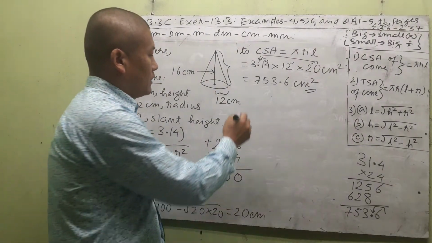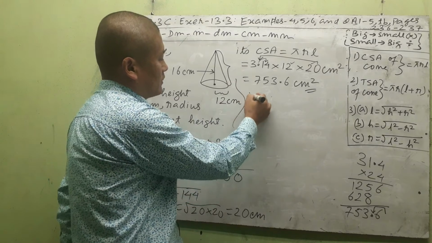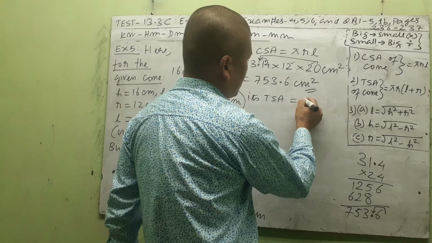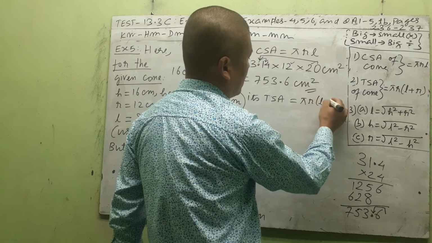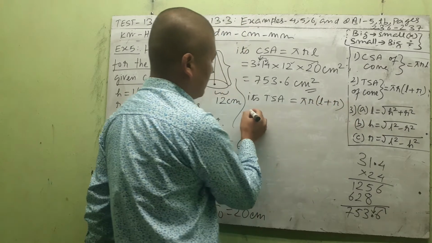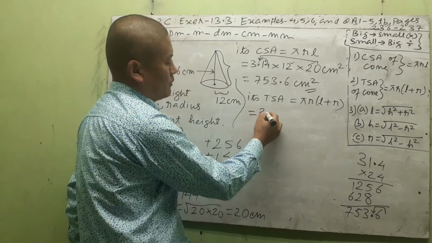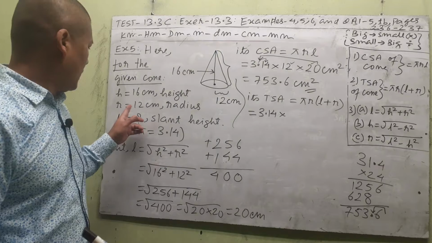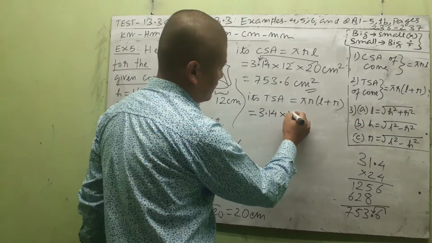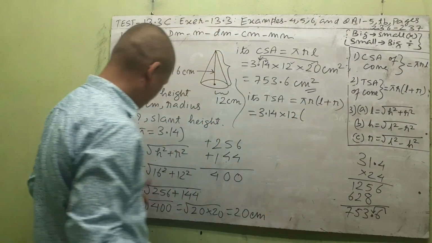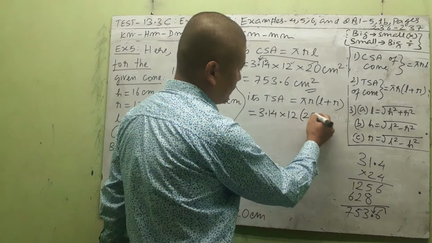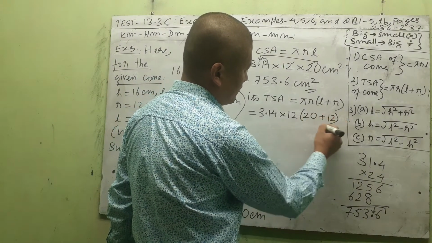Then the total surface area, so we can just go and write here its total surface area. As we can see, the formula is pi r into l plus r, right? Now pi we can put as 3.14, and r, as we can see here, is 12, and l we have calculated here to be 20, plus r again, 12.